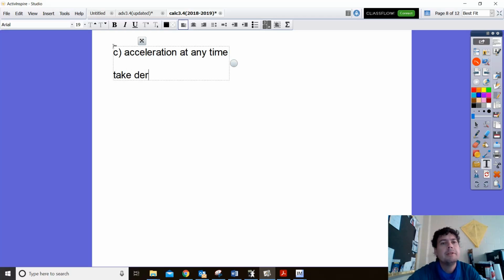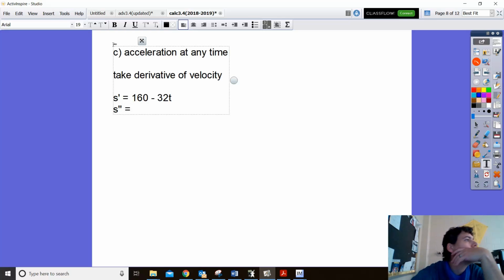We take the derivative of velocity. Now, S prime was our velocity derivative. It was 160 minus 32t. So we're going to find S double prime. What's the derivative of 160 minus 32t? Negative 32. That would actually be in feet per second per second. Acceleration says every second you accelerate this many feet per second. So that's why it's per second per second.